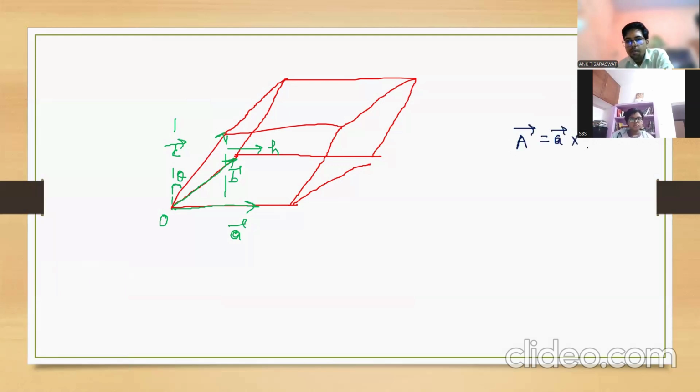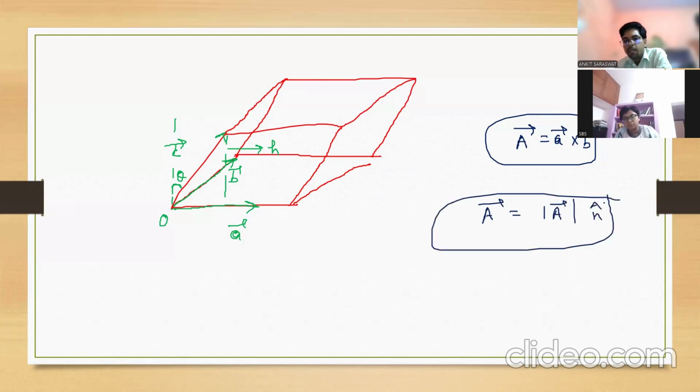Its direction can be outward or inward, out of the plane or into the plane. But how will you draw? A vector is mod of A into n cap.